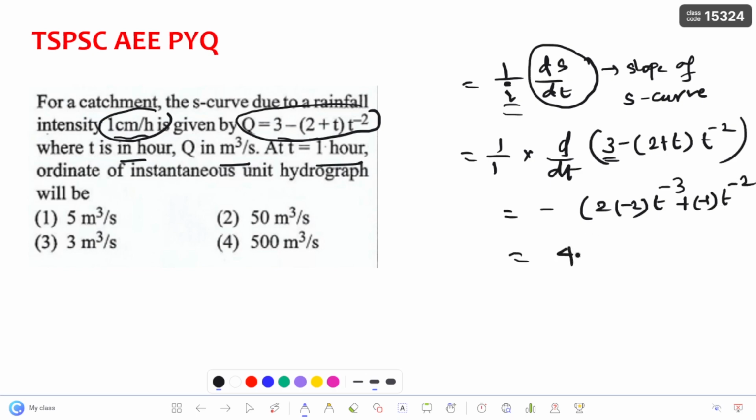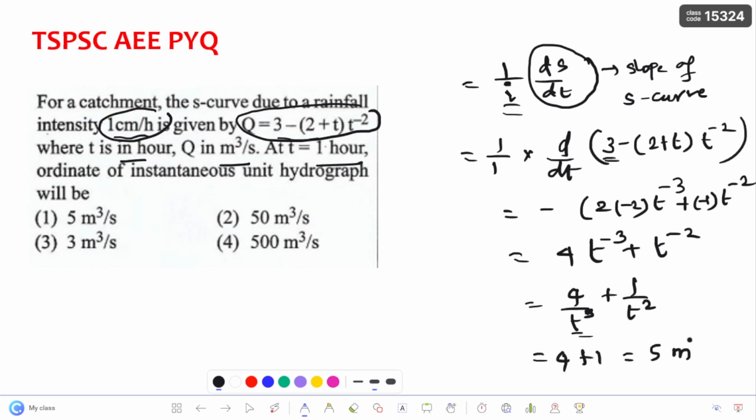That is 4 t power minus 3 plus t power minus 2. That means 4 by t cube plus 1 by t square. If you substitute t as 1, you will get 4 plus 1, that is 5 meter cube per second. This is the option.